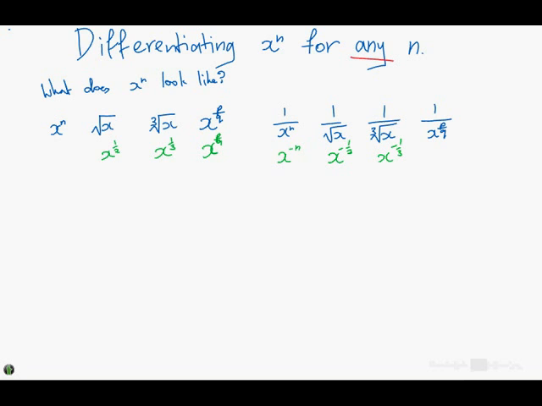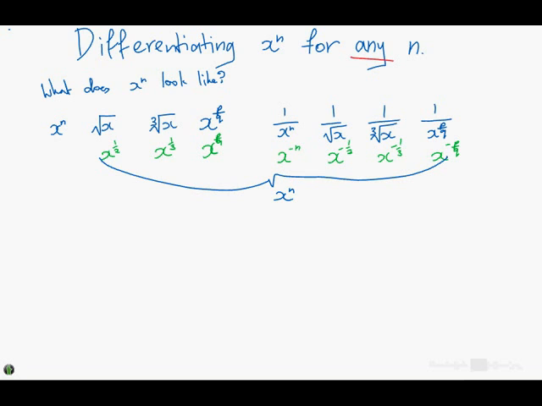And 1 on x to a fraction is just x to the negative of that fraction. Pretty simple, right? Okay, so all of these can be converted, so all of these can be made to look like x to the n.